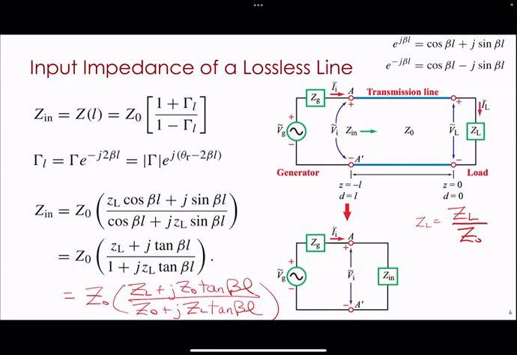So the only thing left in here is tan beta L. So what's L? In this case, L is the full length of the transmission line, the distance from the source. We're going all the way back to the input, to AA prime.